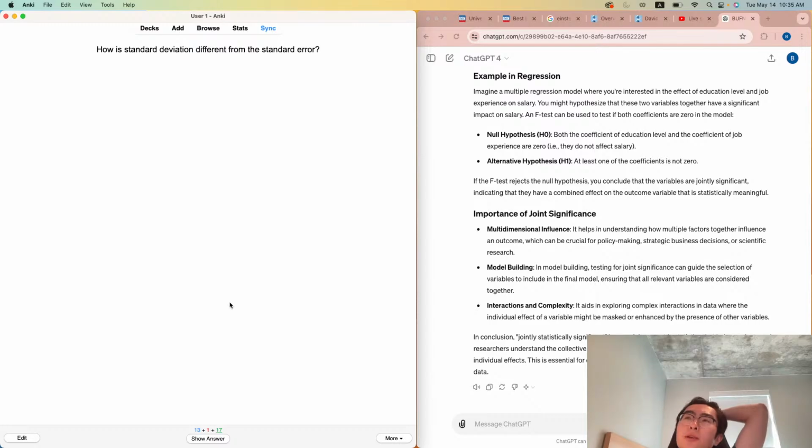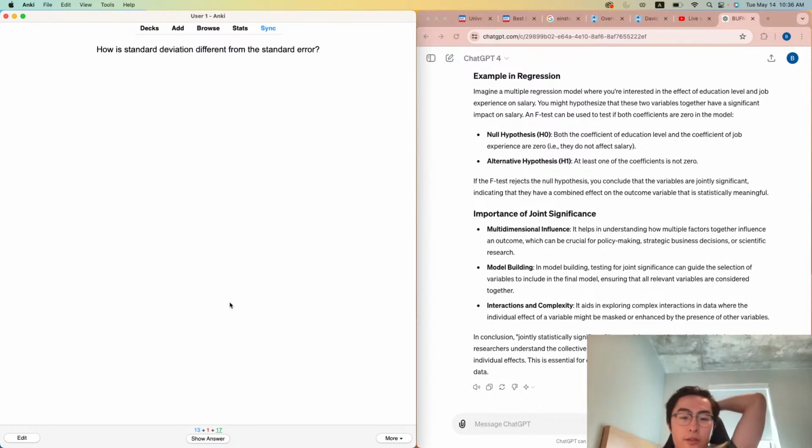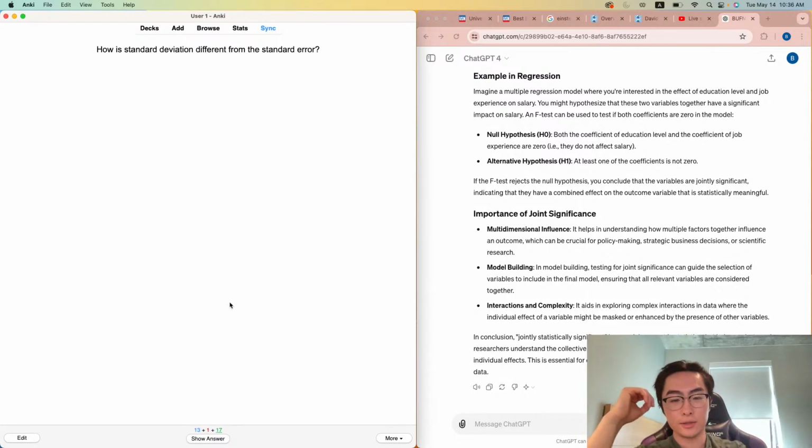A good example that StatQuest gave was the estimator for sample mean. The sample mean is an estimator for the population mean. You don't know the actual population mean of your data distribution, but you do know the sample mean.